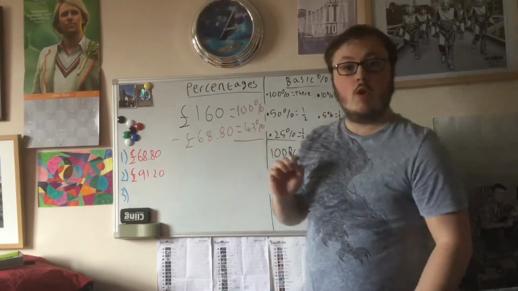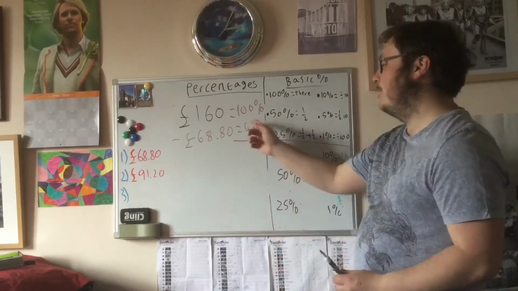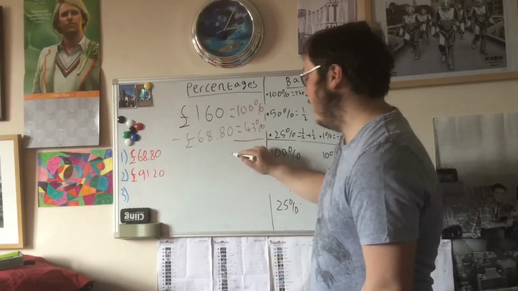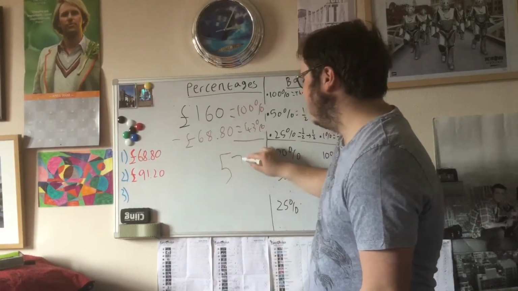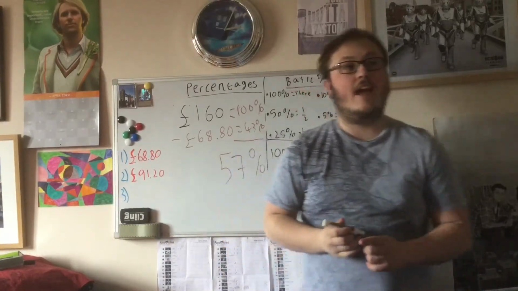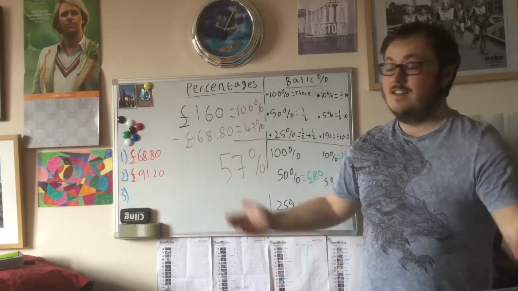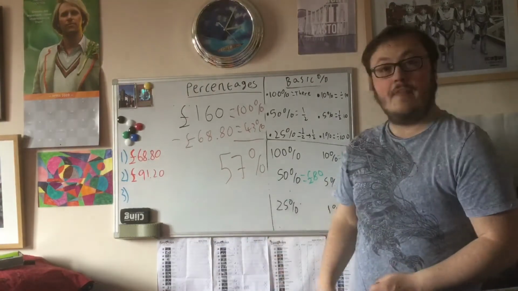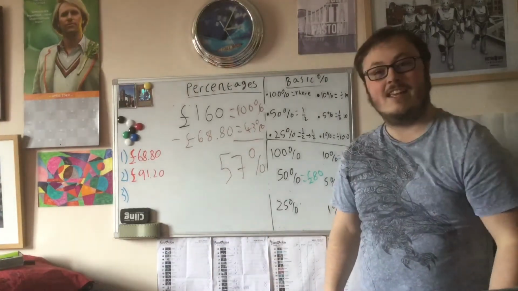So all you have to do is take 43 away from 100, and that will end up with 57%. And that is how much that is. Simple when you think about it. Thought I'd try and trip you up, but if you got that at home, fantastic thinking.